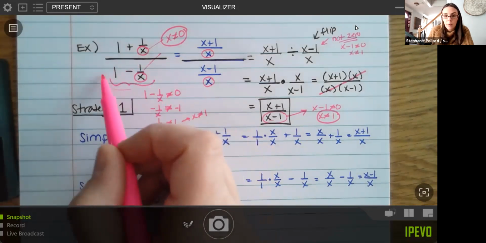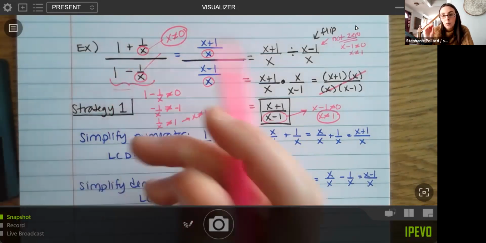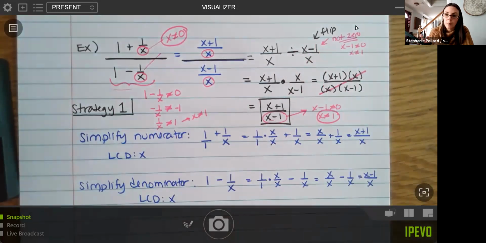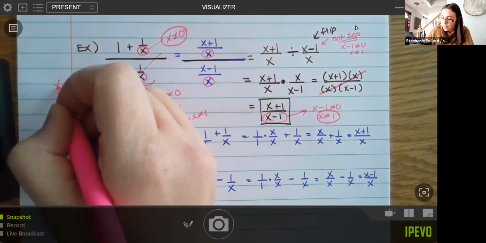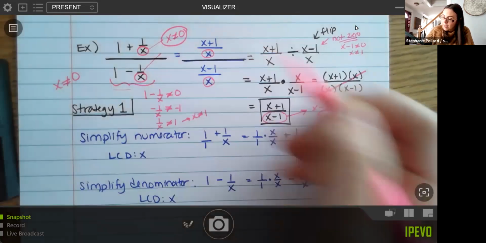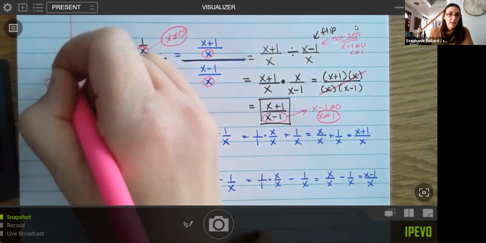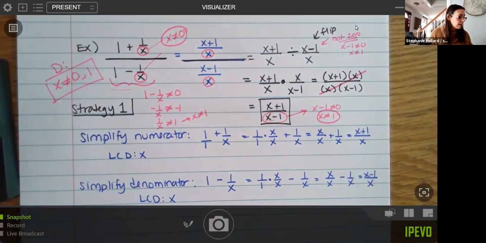So this has to also not be 0. And then unique to dividing, that numerator of the divisor has to also not be 0. So there's quite a lot of things to check here. But for this particular problem, we have two issues. We need to make sure that x is not 0 and that x is not 1. So those are going to be the two main pieces for our domain here that we are watching out for.